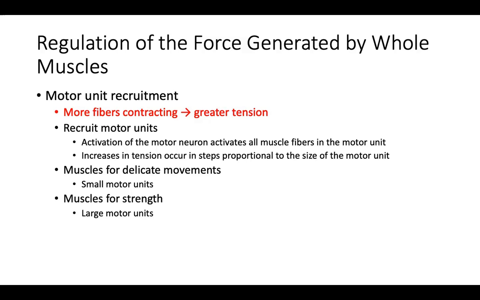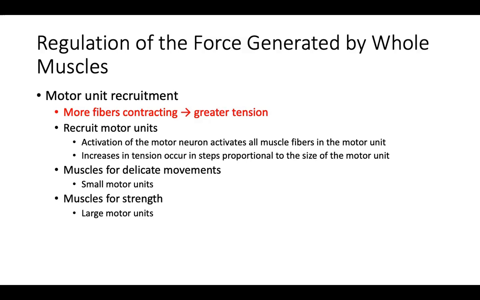And again, smaller motor units have neurons with smaller diameters. They are attached to a smaller number of muscle fibers, and the muscle fibers also have smaller diameters. So everything is smaller for more fine touch, delicate, smaller movements.